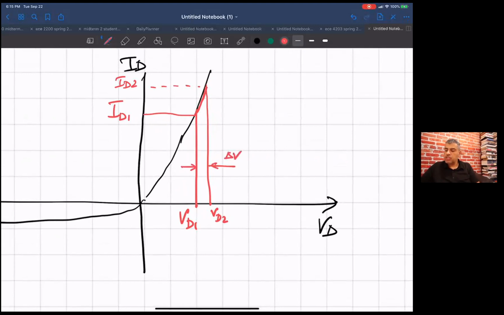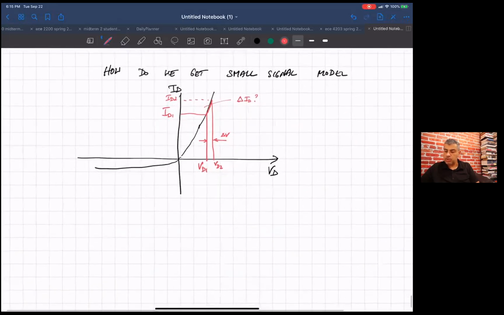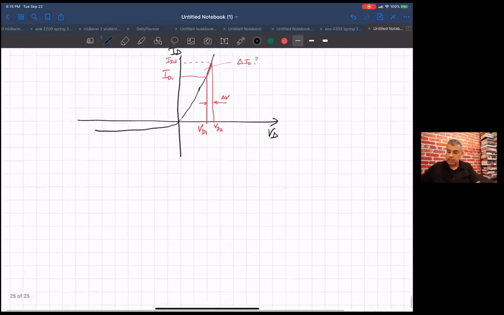We have this change in voltage, and the question is, what is the change in current? We want to make this really simple and not deal with exponentials. Let's start with exponentials and figure out if mathematically we can simplify things.